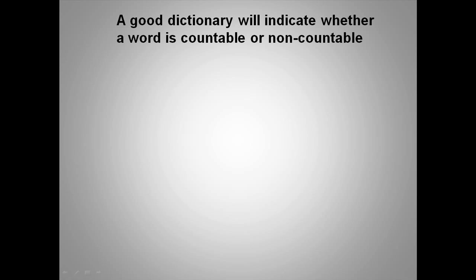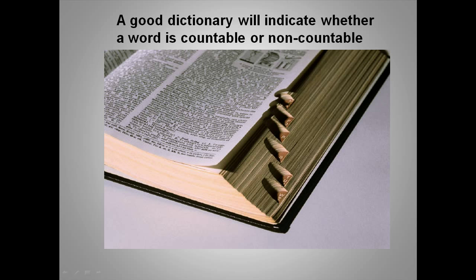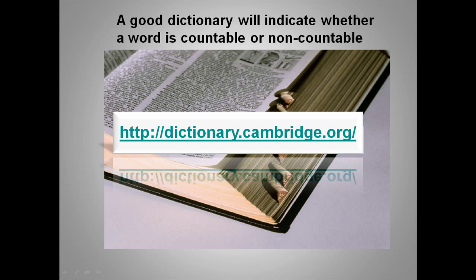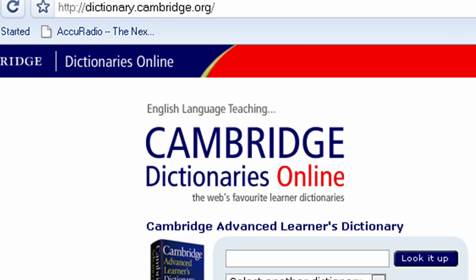Well, there's no substitute for a good dictionary which will indicate whether a word is countable or non-countable. And one that I like to go to is the Cambridge Online Dictionary at this address. So, let's go there, shall we? Well, one of the better online dictionaries is the one that you can see before you, the Cambridge Dictionaries Online.